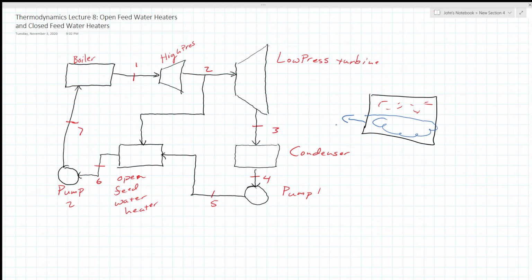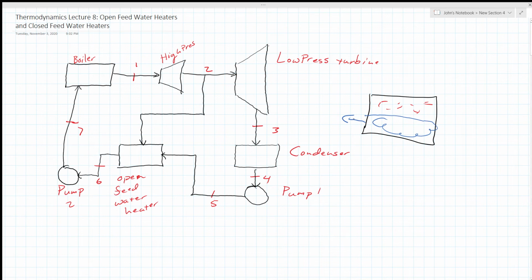Then this liquid water is pumped back up to the pressure needed for the high pressure turbine, heat is added, and it is re-vaporized. But the point of this open feed water heater is that as the steam and water mix and become liquid water, that steam is heating up the water that came out of the condenser. Therefore, I'm inputting some heat into the water here, but I'm not adding any heat from my surroundings, so I'm not burning coal or running a nuclear reactor or whatever.